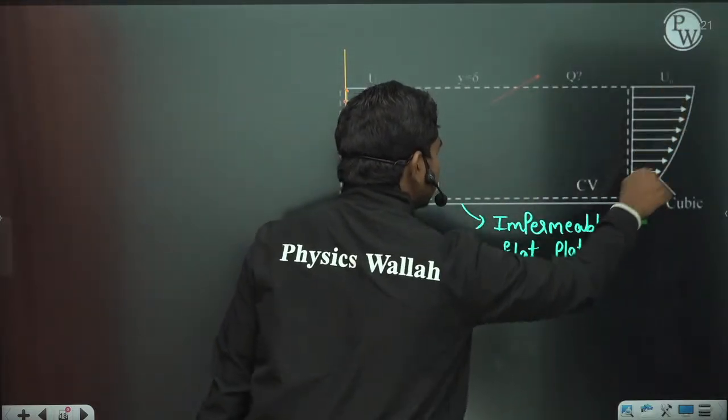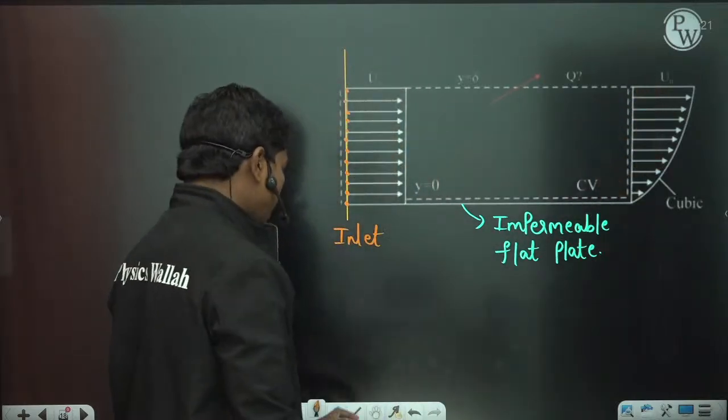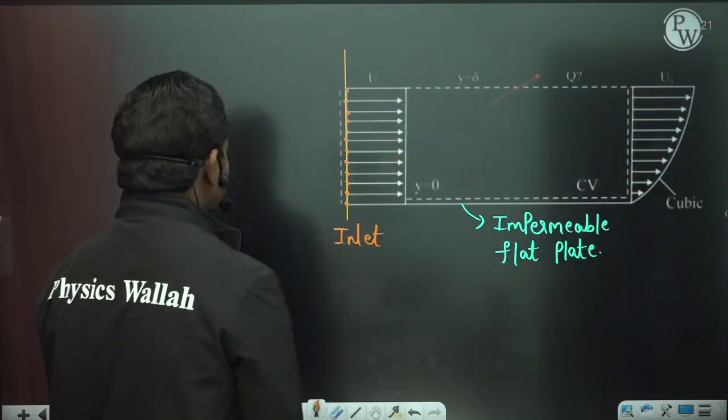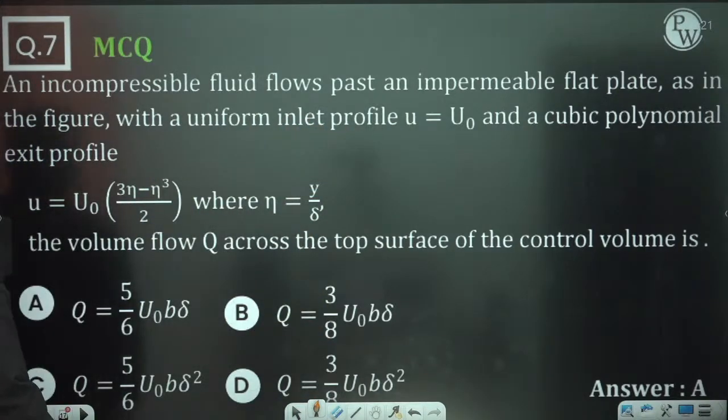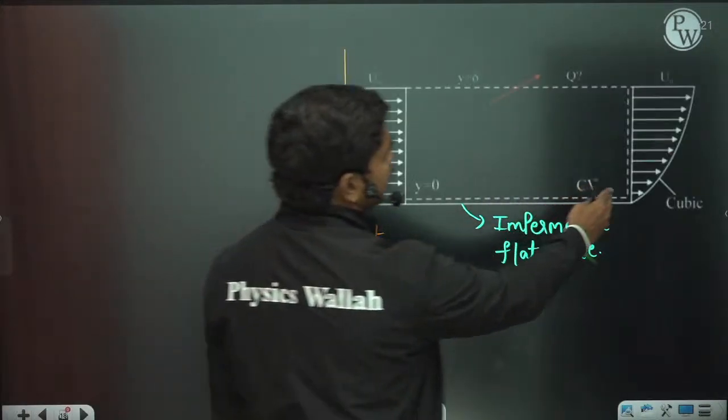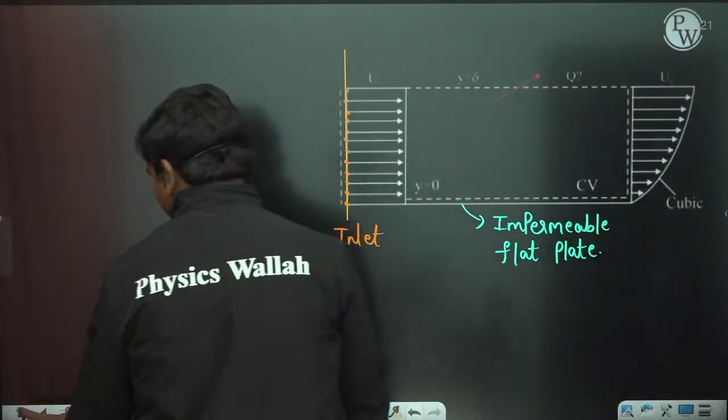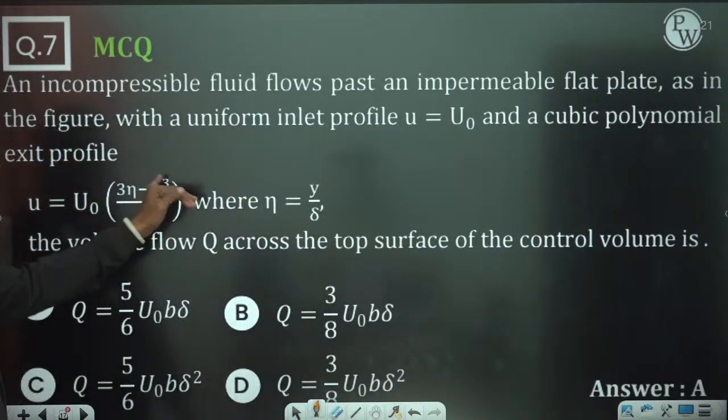This is how the velocity profile looks at the outlet, at a different section. They are giving a cubic polynomial exit profile. The velocity profile at the exit is a cubic polynomial given by some relation, u naught into 3 eta minus something.